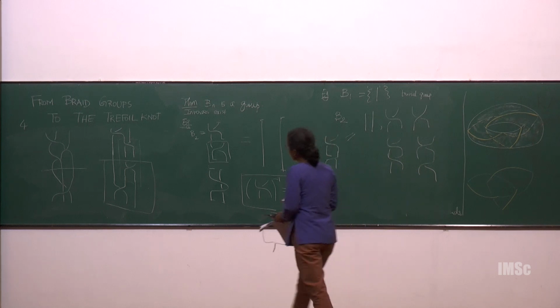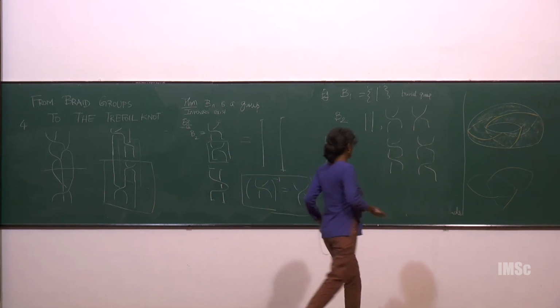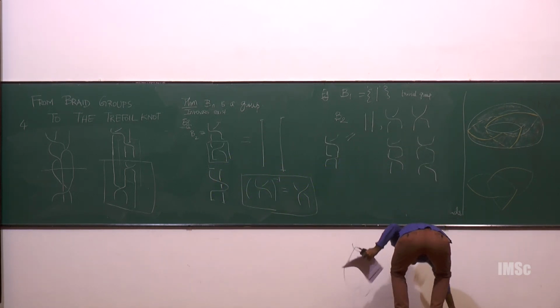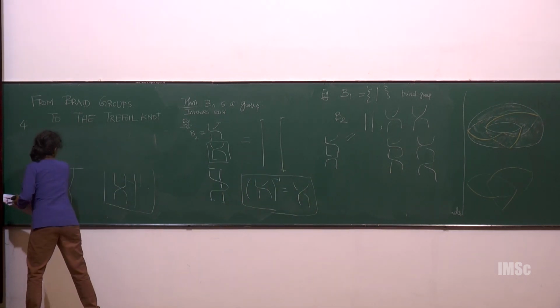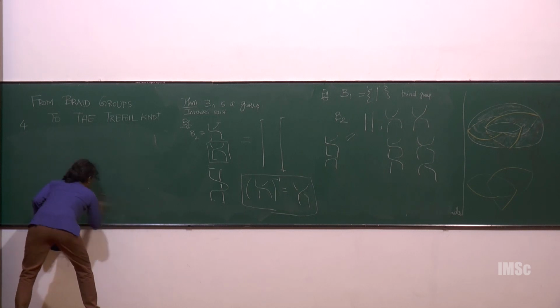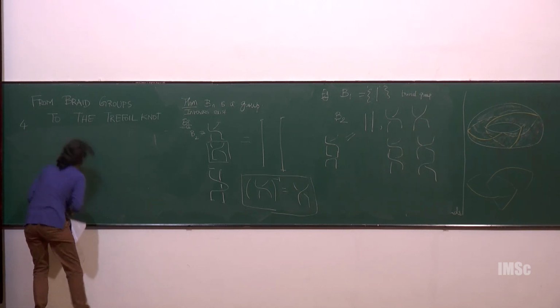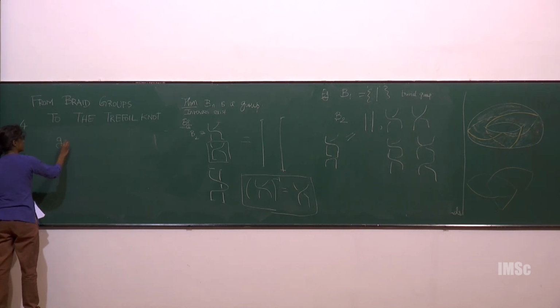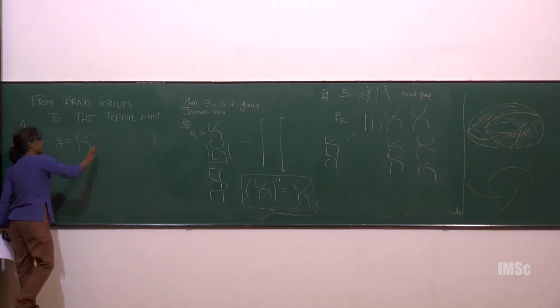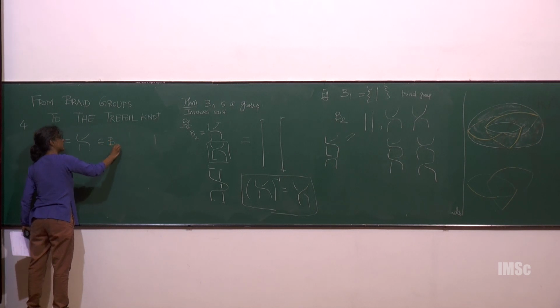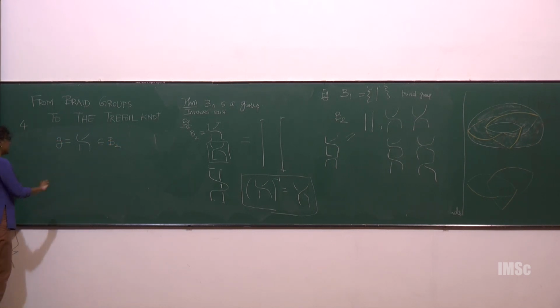Let me erase part of the board. So let's call G a braid with 1 overcrossing. This is an element in B2. And let me write down powers of G.